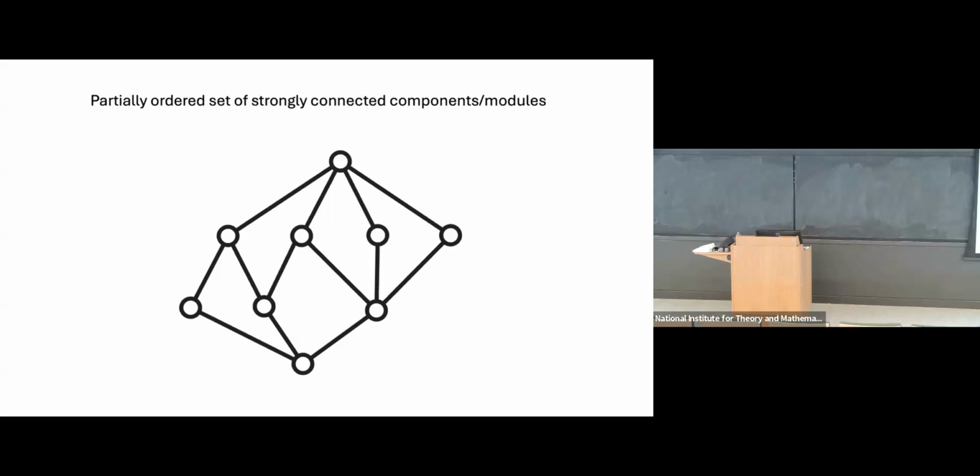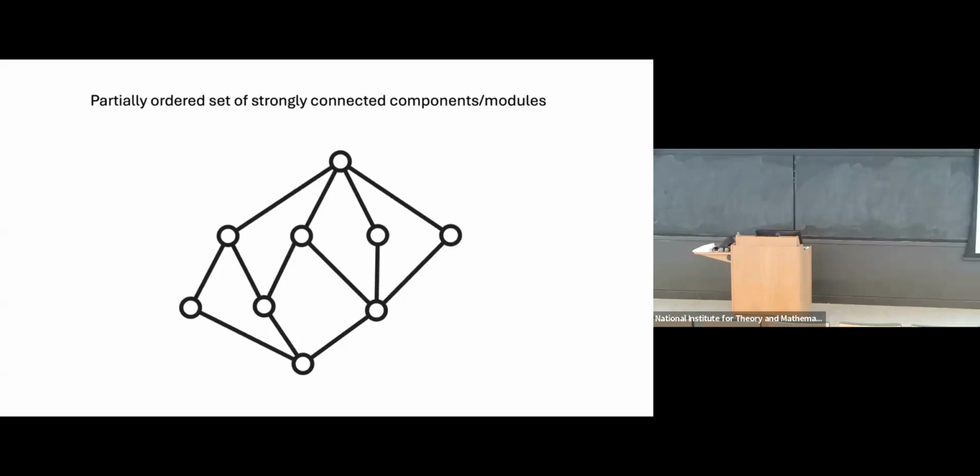And if you think about it, you can have connections from one strongly connected component to another one, but you cannot have connections in both directions because otherwise they wouldn't be maximal. They would coalesce into one strongly connected component. So you represent this as a partially ordered set where the things upstairs are the upstream components and they come down to downstream components.